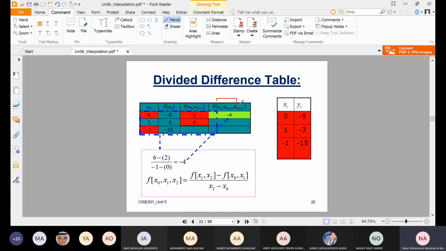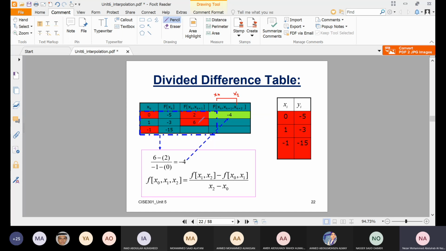If we have this point at x2, the starting point will be at x0. What will be in the numerator here is the first divided difference; I will take the difference between these two.